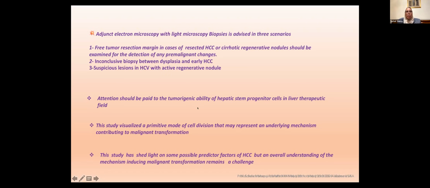Attention should be paid to the tumorigenic ability of hepatic stem cell progenitor cells in the liver therapeutic field. This study visualized a primitive mode of cell division that may represent an underlying mechanism contributing to malignant transformation. The study also shed light on some possible predictive factors of HCC, but an overall understanding of the mechanism inducing malignant transformation remains a challenge.